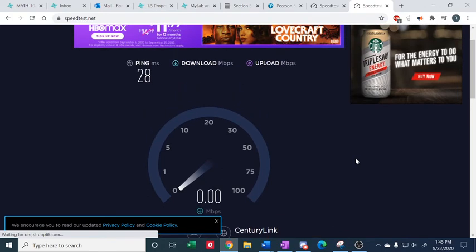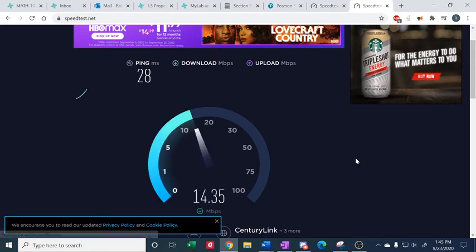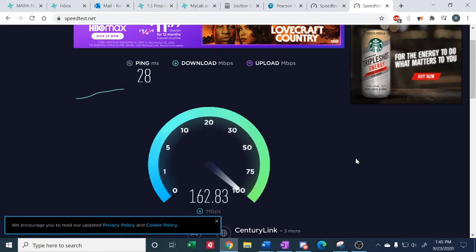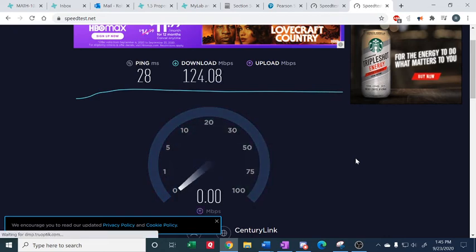And the thing that you're gonna need to be interested in is not your ping, not your upload, but your download speed. How fast is your download speed in megabits per second? And see, it took a while for that to come up.